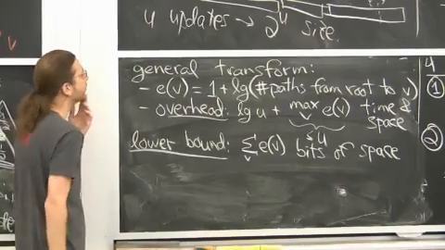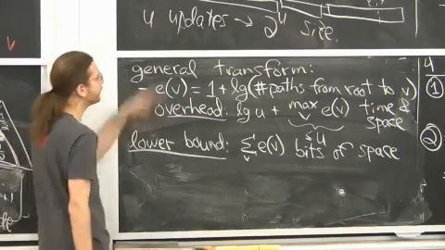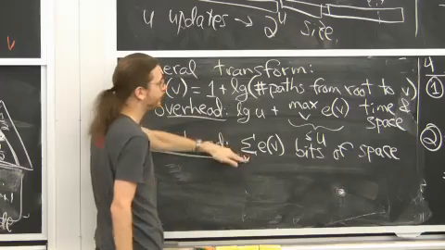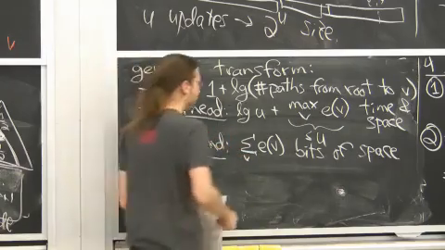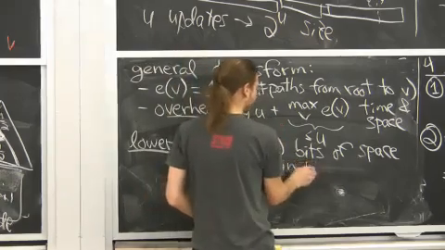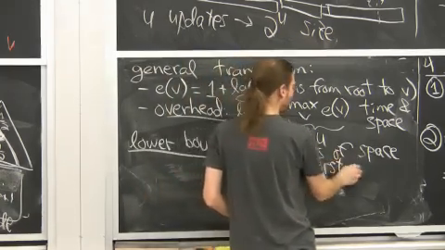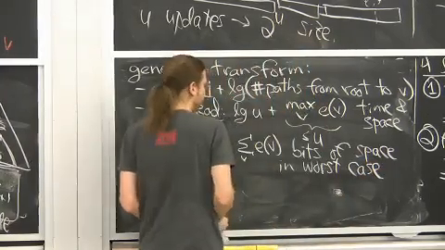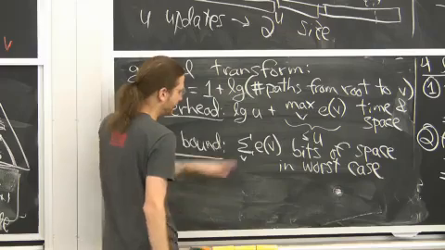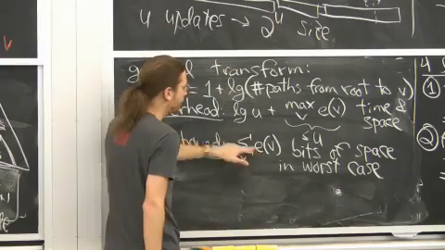What does this mean? Even if this is not happening, the number of bits of space you need, in the worst case, does not apply to every data structure. That's one catch. They give a specific data structure where you need this much space. So it's similar to this kind of picture. Won't go into the details. And you need this much space.